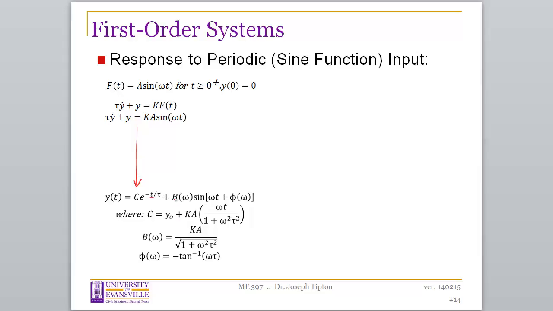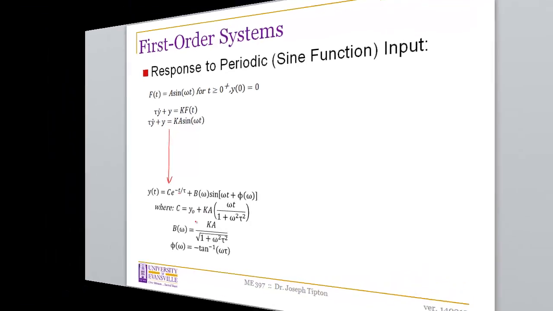And these constants, the B term, the C term, and the phi term here, all depend upon the frequency of the input, the time constant of the system, the amplitude of the input, the sensitivity of our system, and the initial condition.